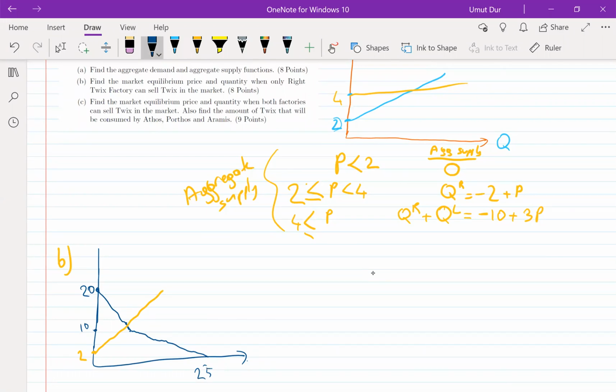Okay. So it will either go this way, okay? My drawing might not be perfect here, but it might be this one, okay?